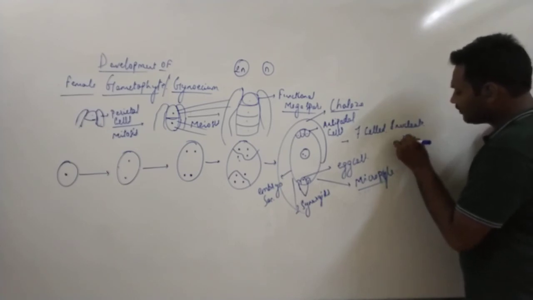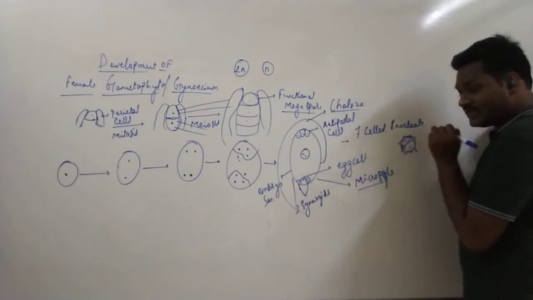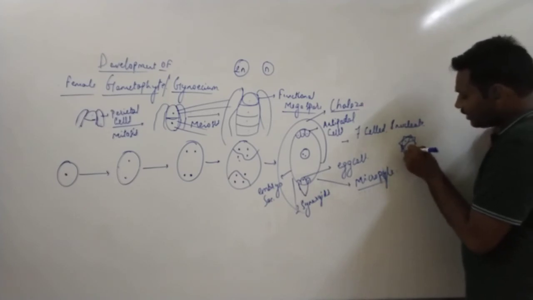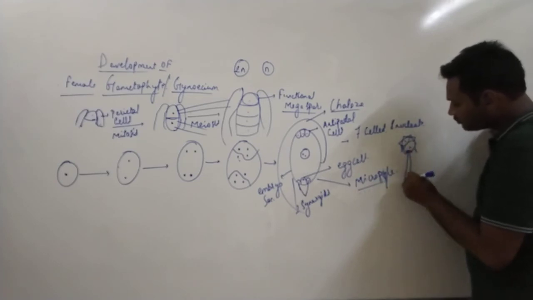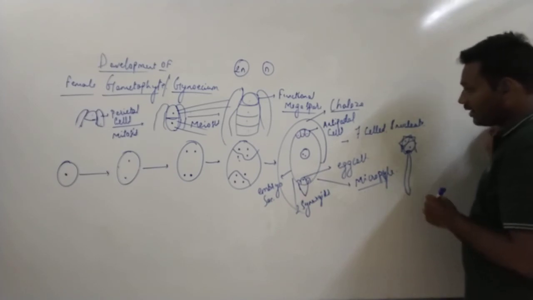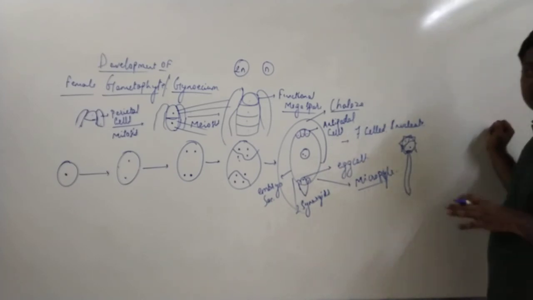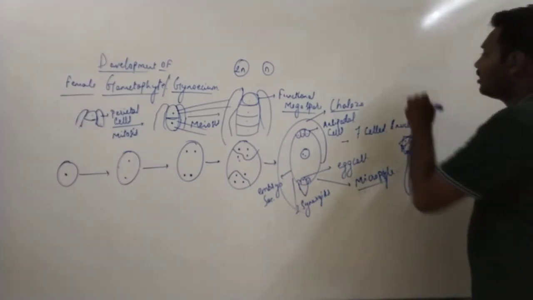One cell is the vegetative cell and another is the generative cell. The generative cell will develop a small tube-like structure.